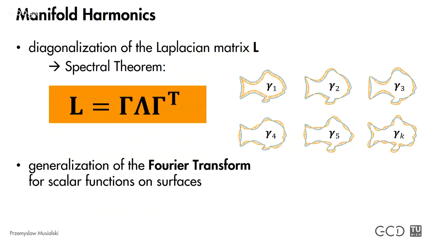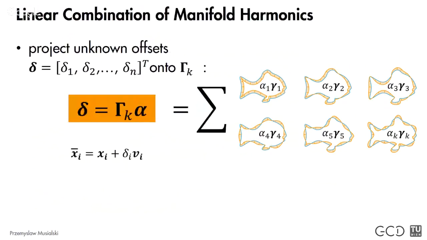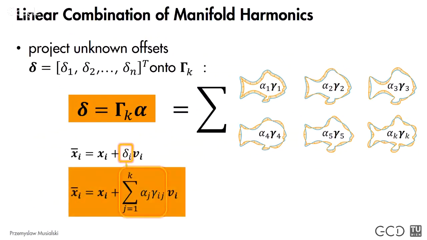Now, having these basis functions, we can use them to reparameterize the problem. We are looking for a linear combination of those functions, and what we try to find or determine are the coefficients of these linear combinations.